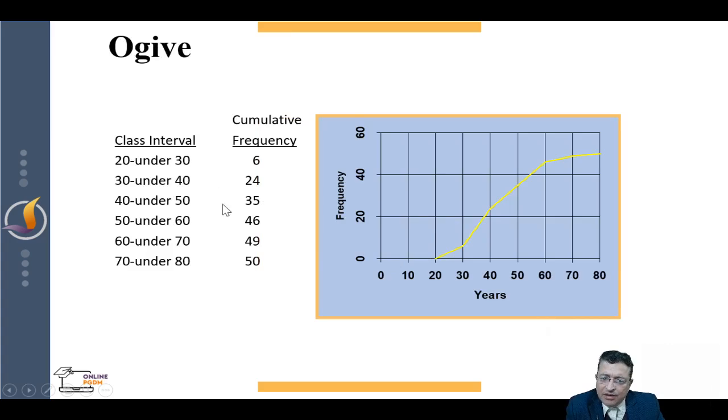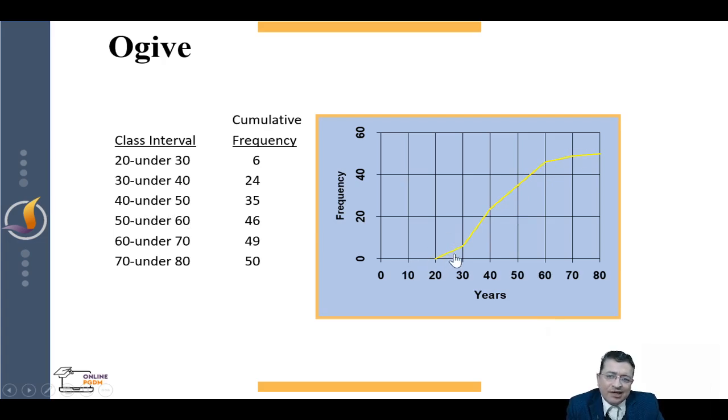Similarly, you can plot the cumulative frequencies, so that is known as ogive. Cumulative frequency against each class interval, if we plot them, for example 20 to 30, we have certain value there, then similarly it goes up to 24, because in 20 to 30 it reaches up to 6, then 30 to 40 it reaches up to 24, and 40 to 50 reaches there at 35, and so on.